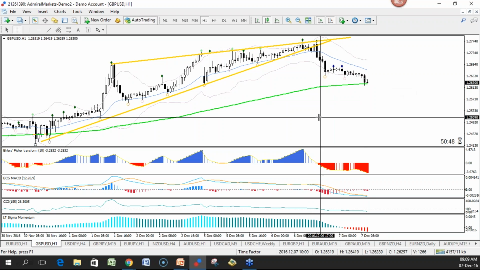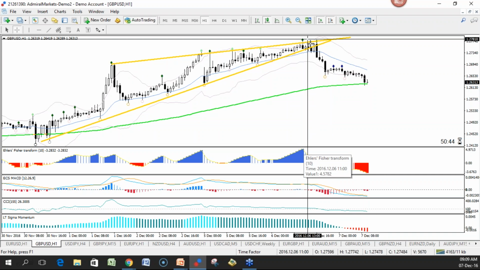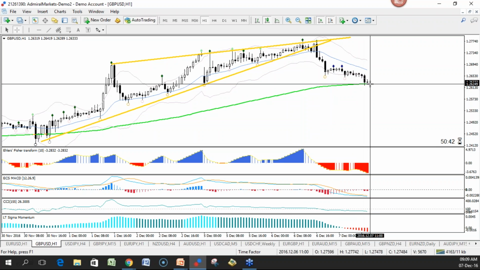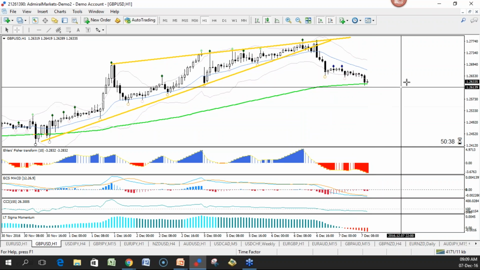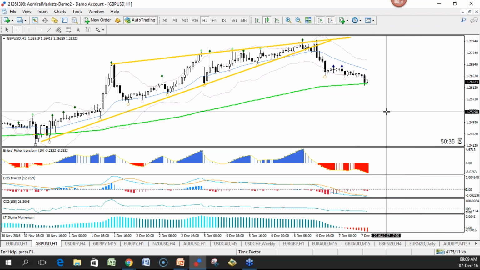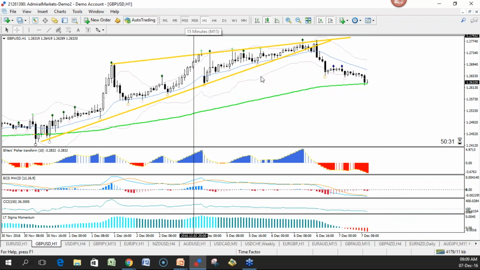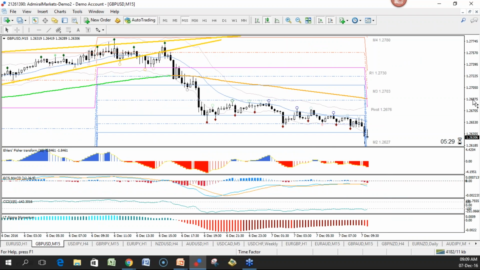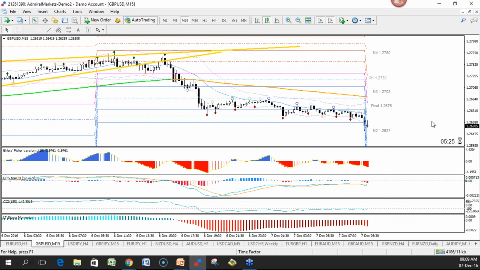But sometimes I anticipate that a bit early with waves. I already see the end of it, sometimes a bit too soon, and it still pushes down 40, 50 pips before you get the ABC zigzag. That does sometimes happen to me. However, I just don't think it's a good point to short.